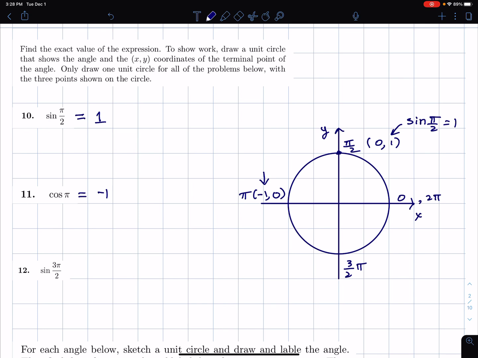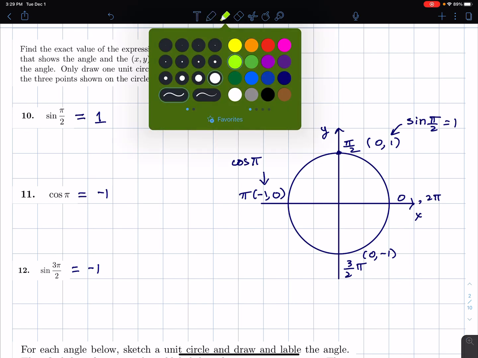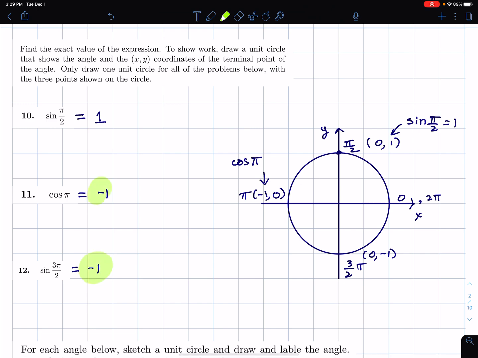And then 3/2 pi corresponds to 0, -1, because it's down by 1, and to the right or left it's just 0. So again, sine is the y-coordinate, and so that's -1.